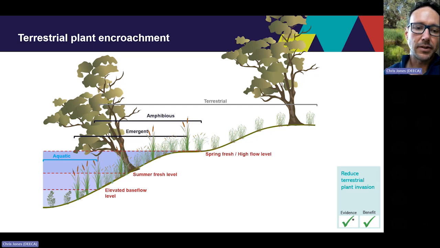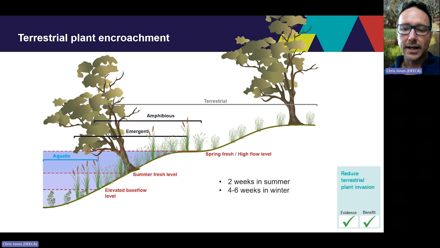What we found through several experiments was that you can put a plant underwater, and anything that's not an aquatic plant will actually decline in health. Riparian plants will decline in health if they're put underwater, and so will terrestrial plants. However, the terrestrial plants are much more sensitive, and they will decline in health faster, and they will die earlier than the riparian plants. So it's not that riparian plants love being underwater, it's just that they're more tolerant of it than the terrestrial ones.